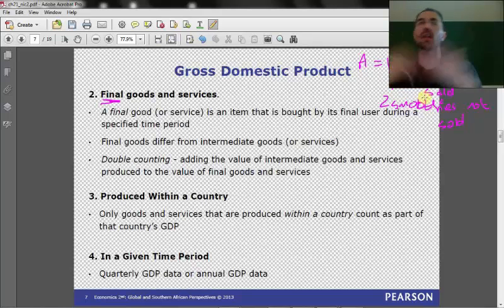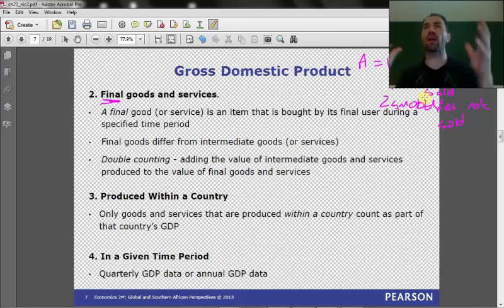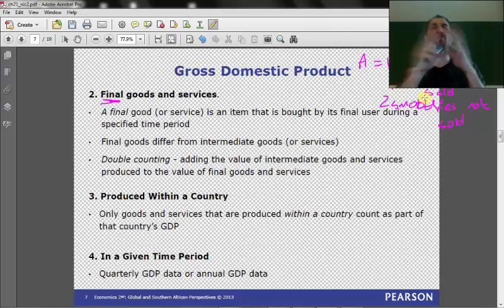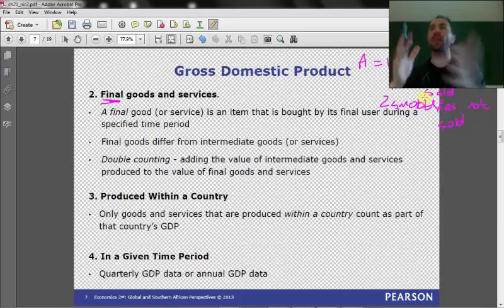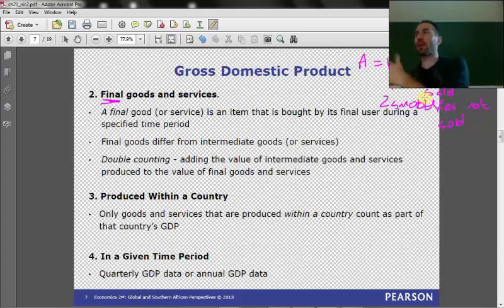So if we sell our smoothies at 30 rand is the total value of the smoothie. 15 rand of that value was the value of the apples. So when I include 30 rand for a smoothie that was sold, I've already included the value of the apples, right? Okay.